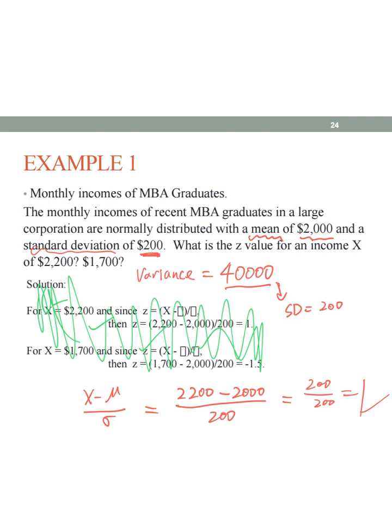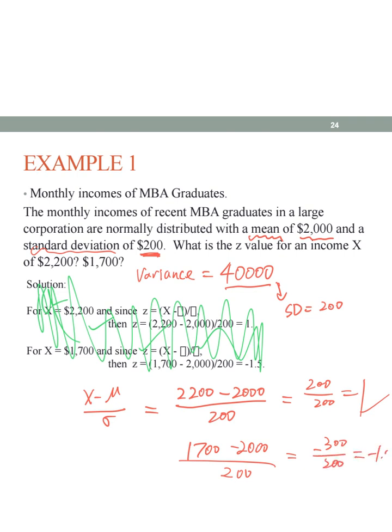Okay, so this is our first objective for this chapter. If we give you data, how to find the z-value corresponding to this data. And the second value of x is 1700 minus 2000 over 200, which is equal to negative 300 over 200.